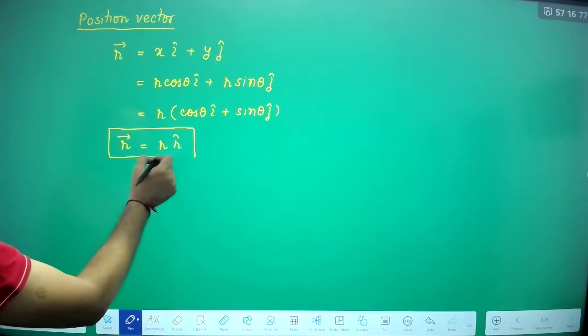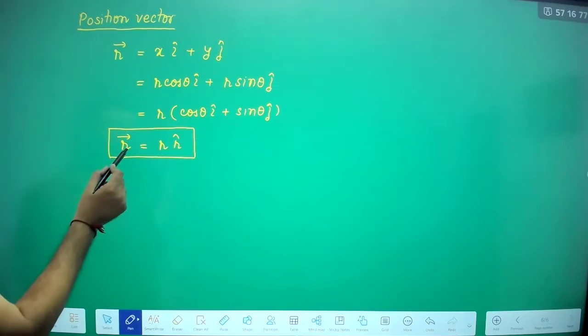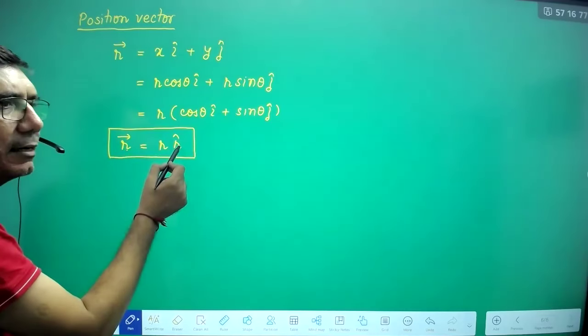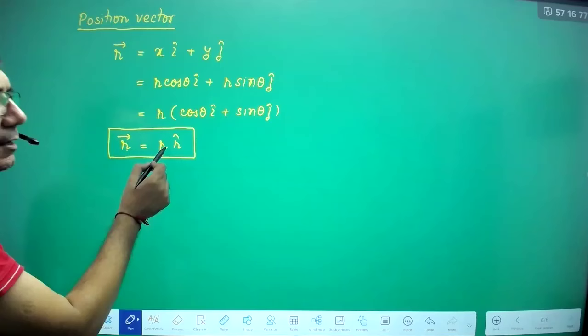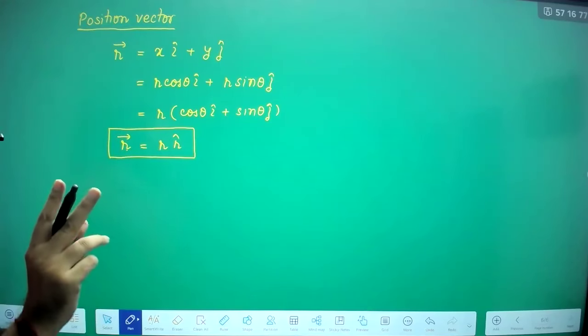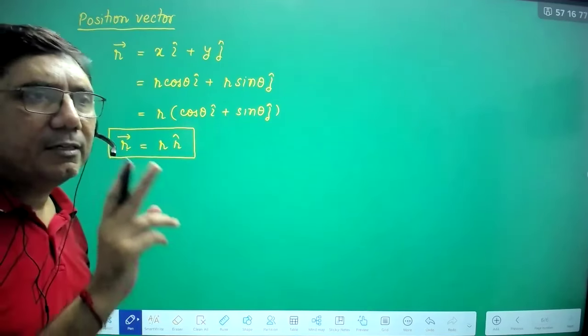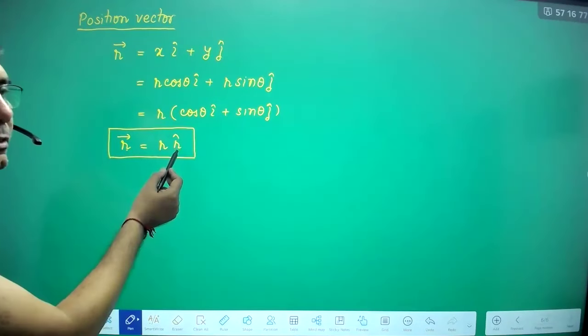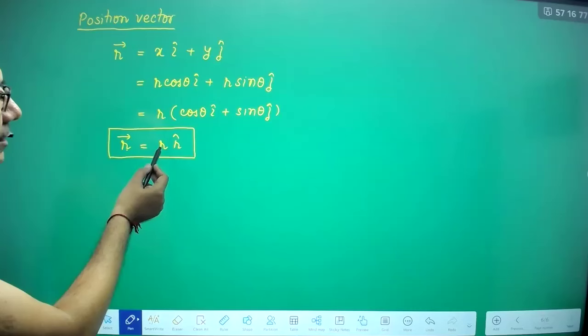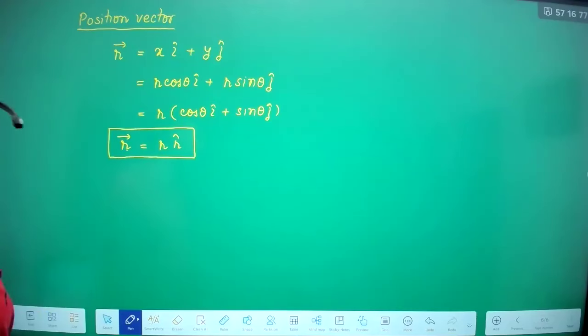The direction of the R vector is represented by this R cap, and the magnitude of this R vector is represented by R. So a vector has two aspects: one is its direction, another is its magnitude. This R cap represents the direction, and small r represents the magnitude of this vector. So position vector can be written like this.